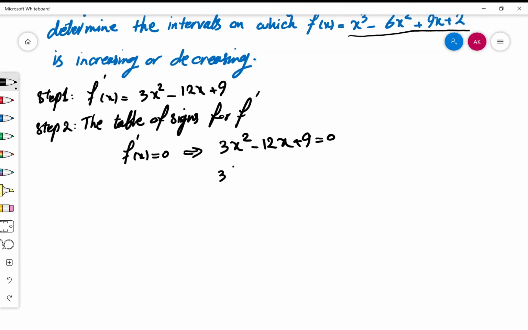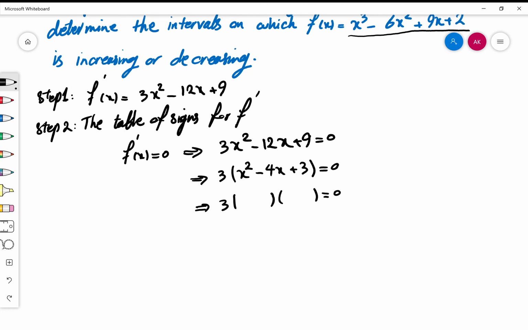Let me just factor out that 3. It will give me 3 times x squared minus 4x plus 3 equals 0. From there you see that I have a quadratic.